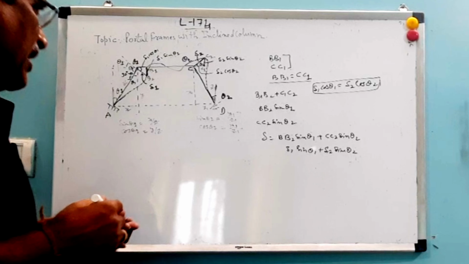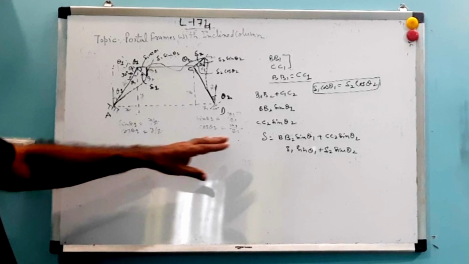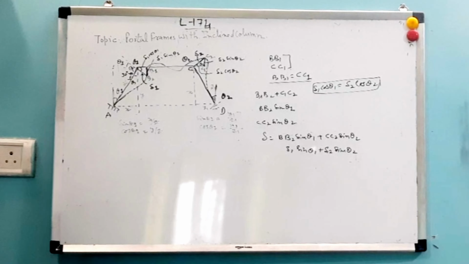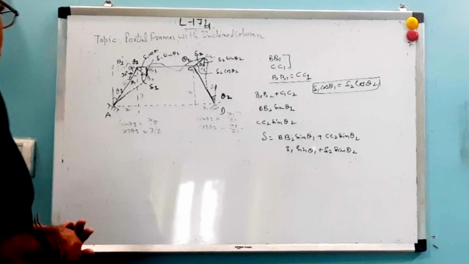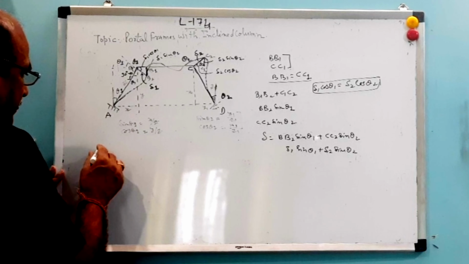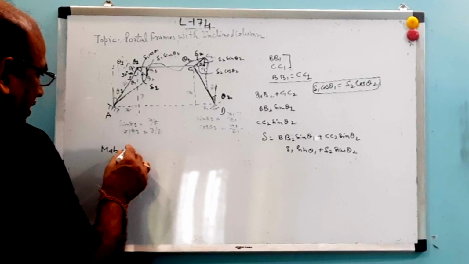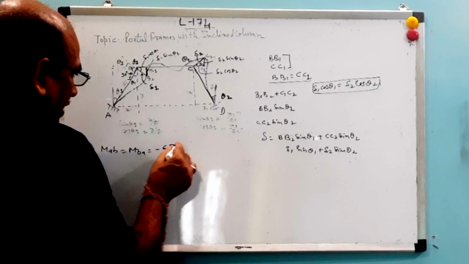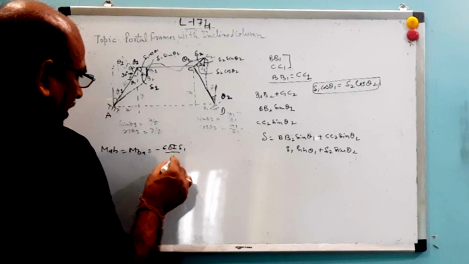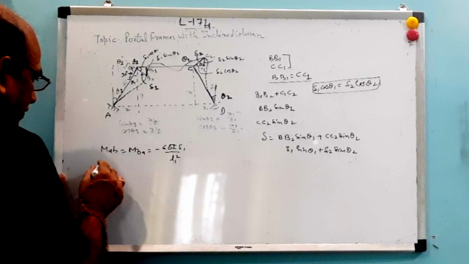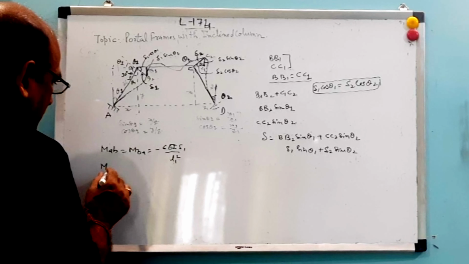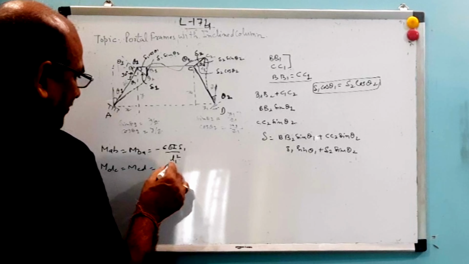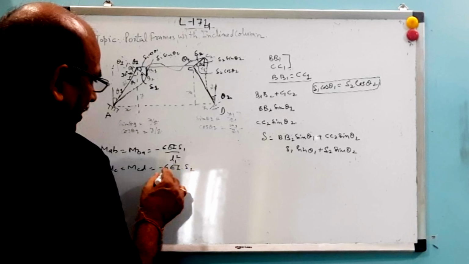So you can always evaluate the total vertical deflection, delta. Now if you take the moments, MAB equals MBA, that is minus 6EI delta 1 upon L1 square, and MDC equals MCD is also minus 6EI delta 2 upon L2 square.